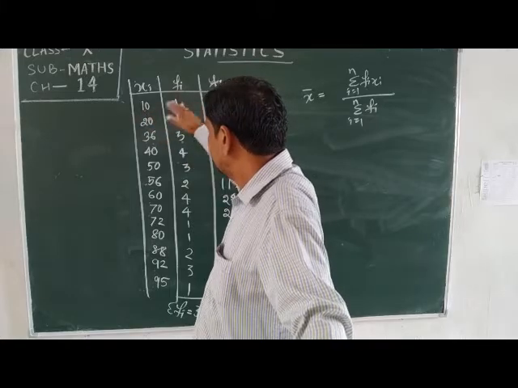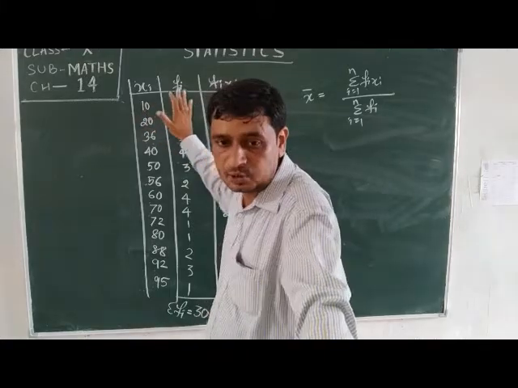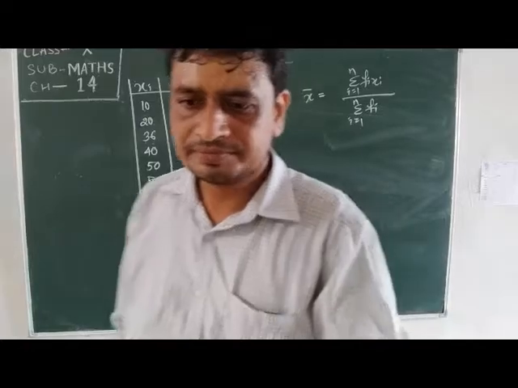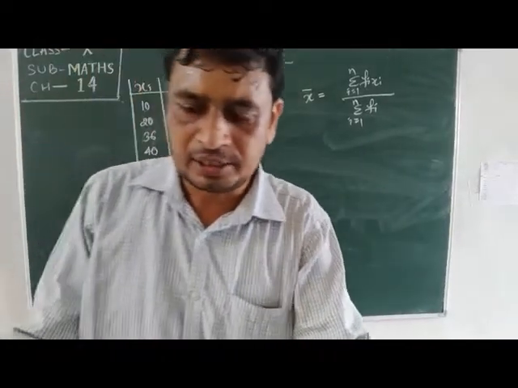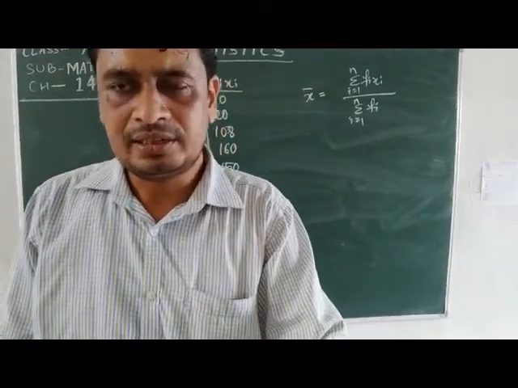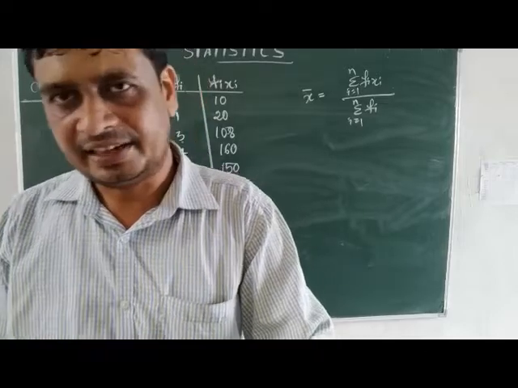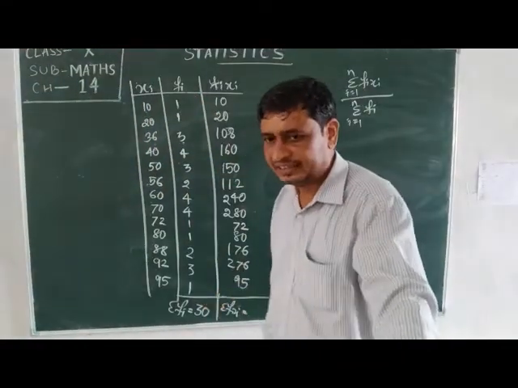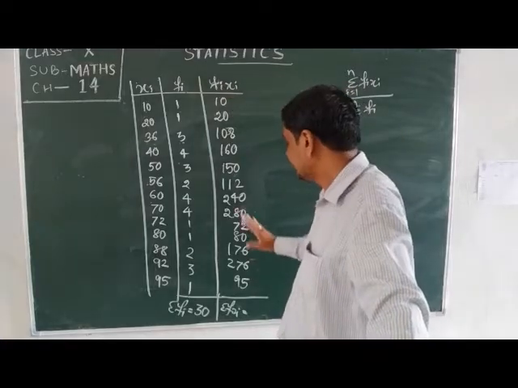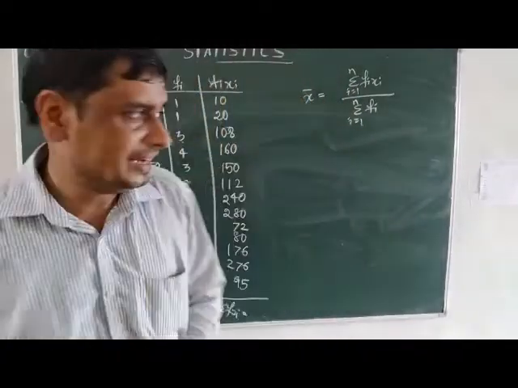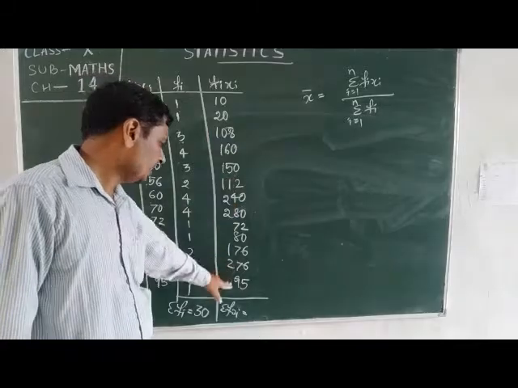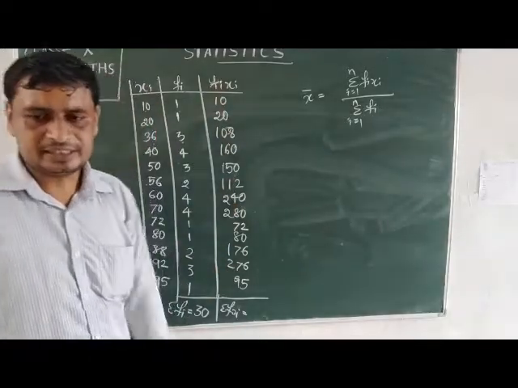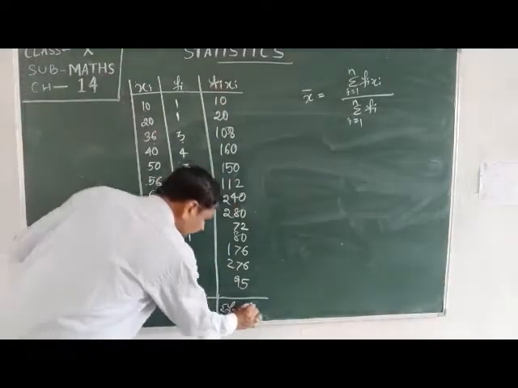The number of students present in the class is 30. So the sum of this fi column is 30, and the sum of this fi xi column, when we add all the numbers in this column, we'll get 1779.